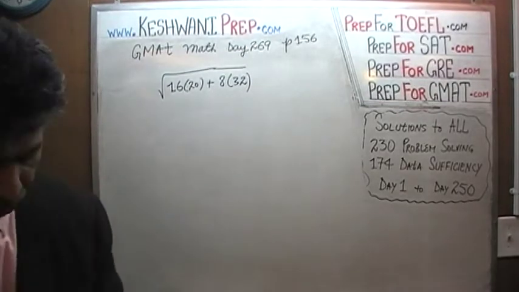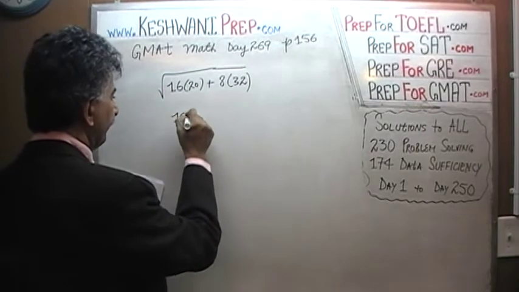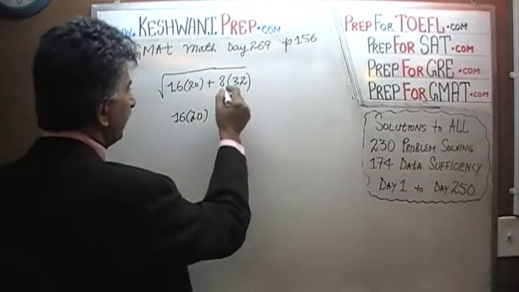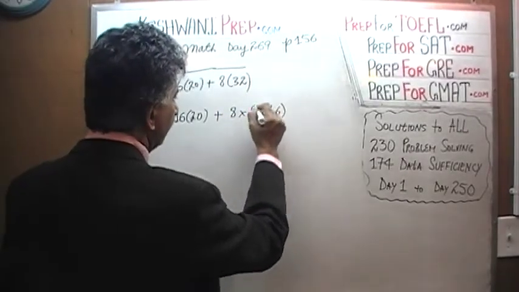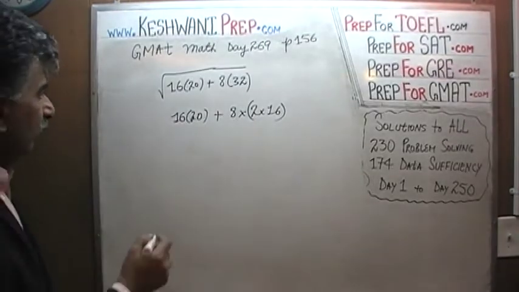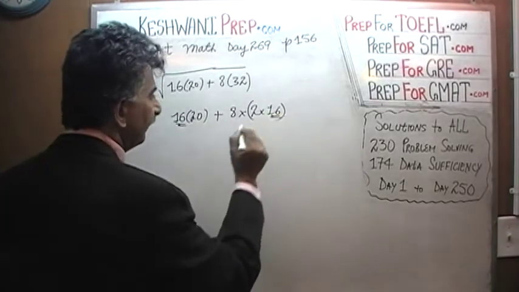We have 16 times 20, and here we have 8 times 32. We can write 32 as 2 times 16, so 8 times 32 is 8 times 2 times 16. Now we see a 16 here and a 16 here.